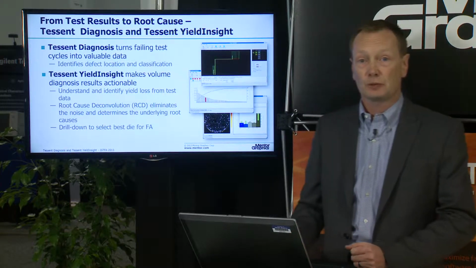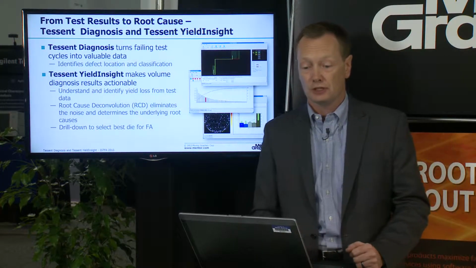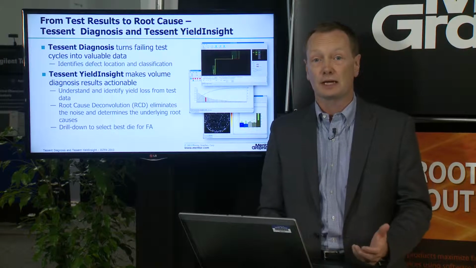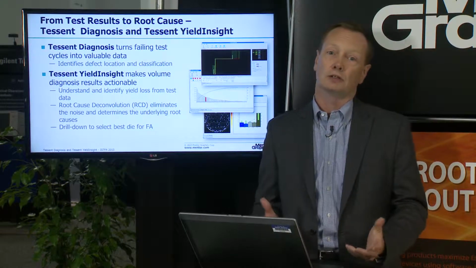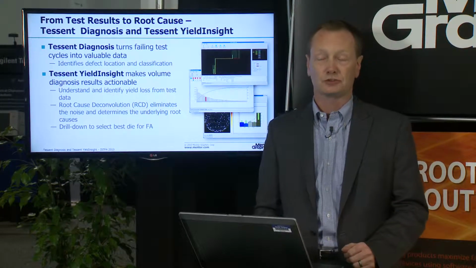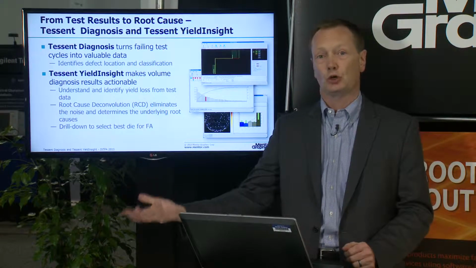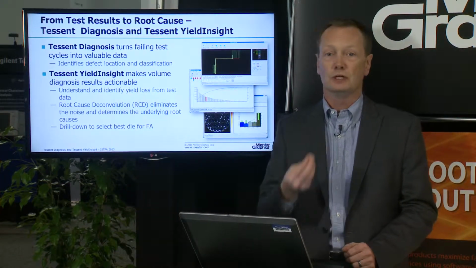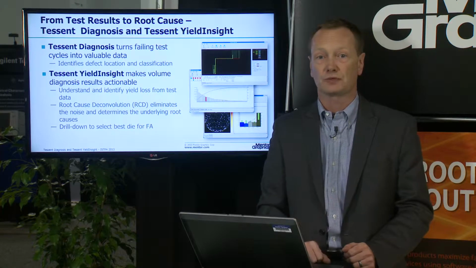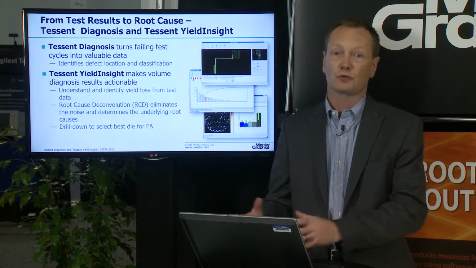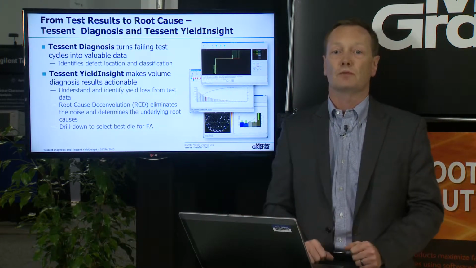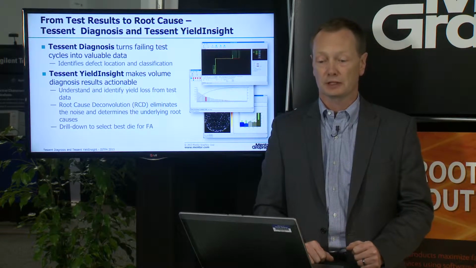And here at ISTFA we are focused on two products. The first is Tessent Diagnosis, our diagnosis product that allows us to turn fail data into defect locations and defect classifications. So we get a result for each defective device that we want to analyze.